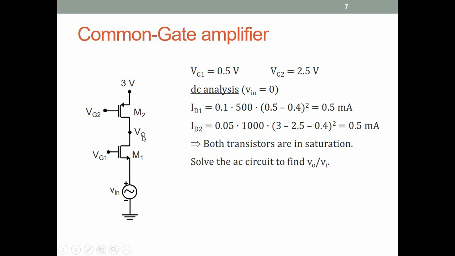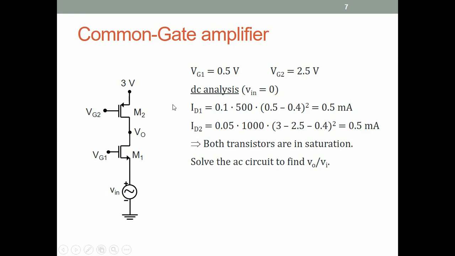There are two transistors, therefore we must find the drain currents of both transistors and make sure that they are equal in, well, whatever region. So if we find ID1, which is mu n Cox W by 2L, 0.1 into 500 is W by L, times 0.5 minus Vt squared, which turns out to be 0.5 milliamps.